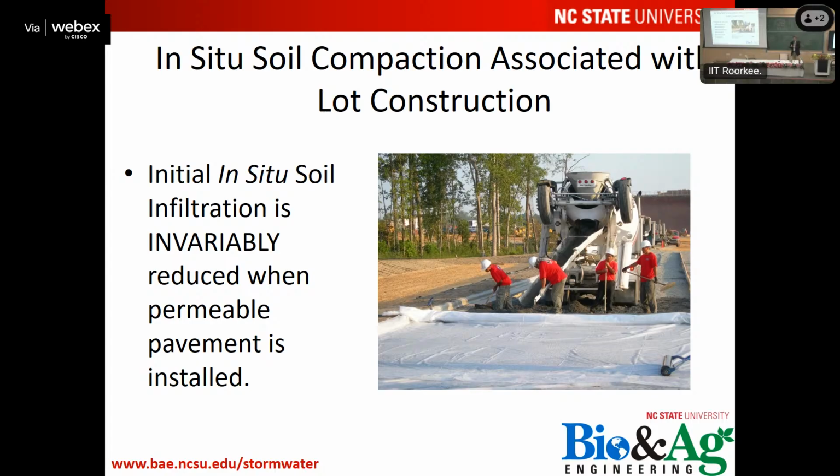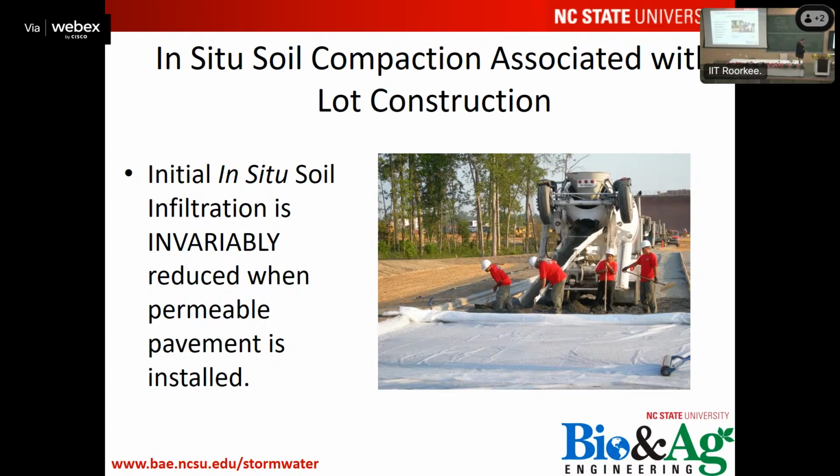Okay, everyone on board with that? So that 10,000 millimeters per hour, that's associated with that surface right there. The underlying infiltration rate, well, that's going to depend on whatever your soil type is, all right? And it also depends on how much construction compaction occurs during the construction of your permeable pavement.